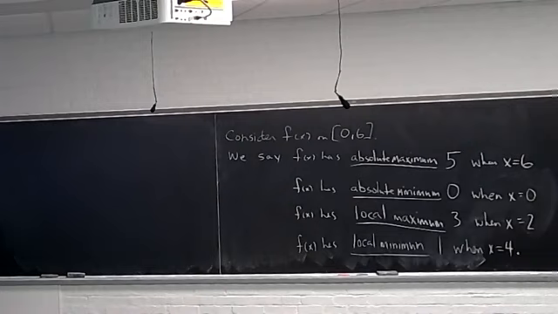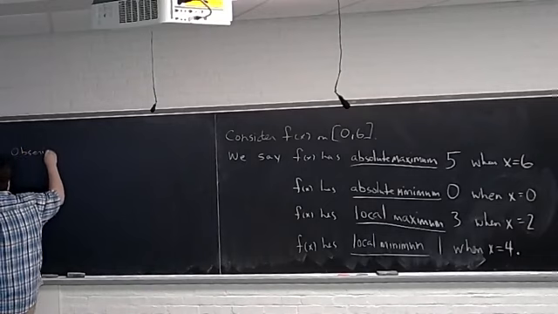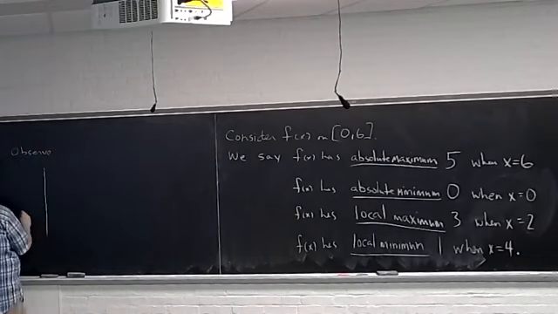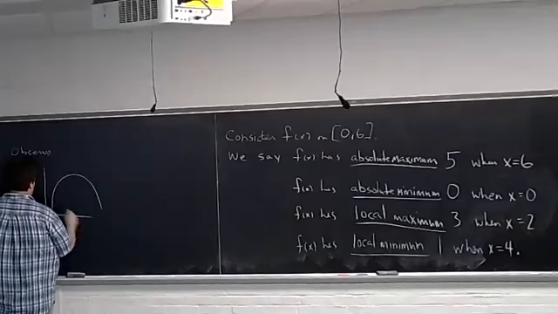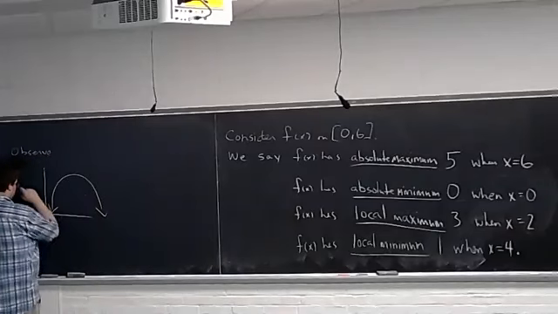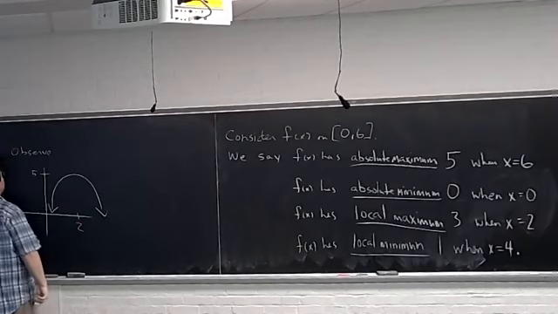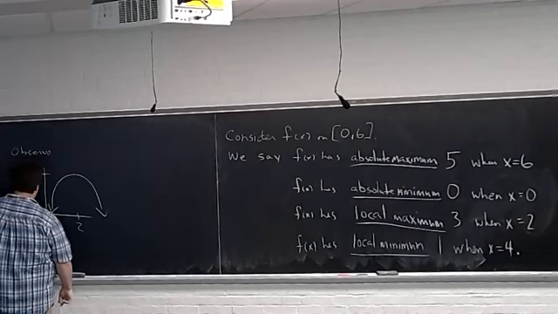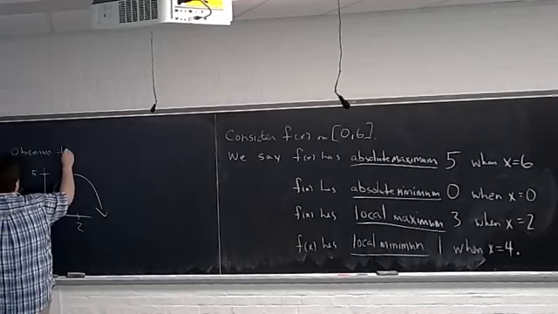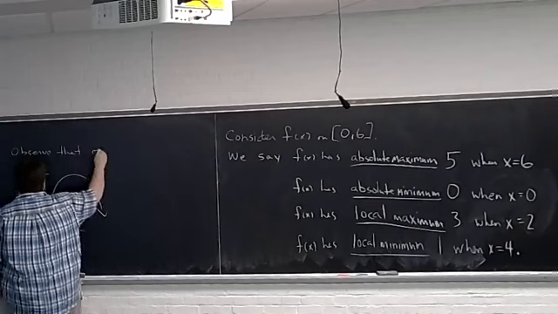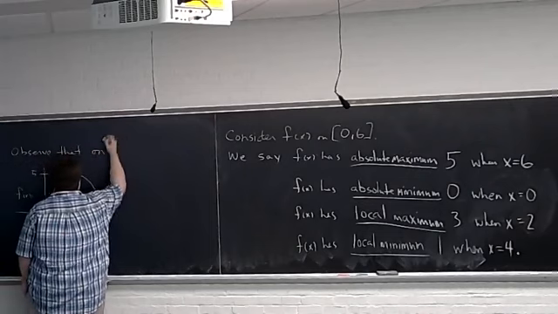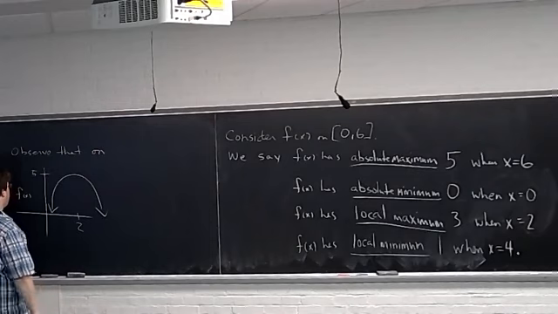But let's make one observation about these definitions. Observe in this function, right here, let's mark off that top point. Let's call it 5. Let's call it 2. Observe that we could use the entire real number line.